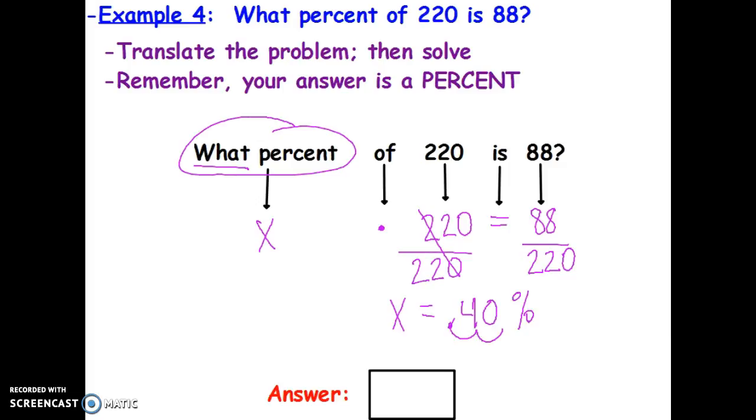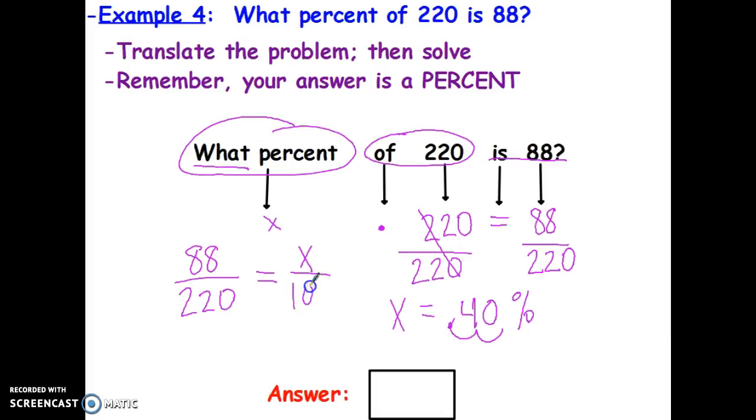Now, if we wanted to change this into a proportion, I'm going to erase this x here. If we want this to be a proportion, remember it's "is over of." "Is" is 88 over "of," 220. So 88 is what percent of 220? What? We don't know, so we fill it out with a variable. And percents we always put over 100. So again, we cross multiply. 88 times 100 gives me 8,800. And that gives me 220x.